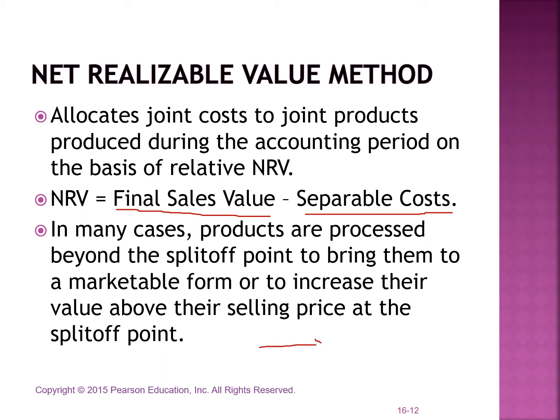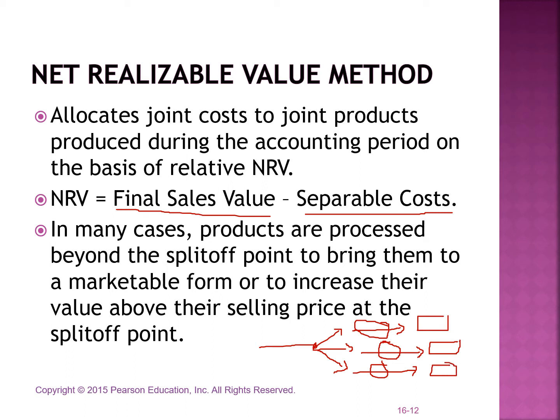For example, if I'm going to do that like we did in the previous slide, this is the split-off point. We said that after the split-off point we may have more than one product. What if these products must be further processed, which means we are going to incur additional cost in order to reach a product that we can sell at a respectable value?